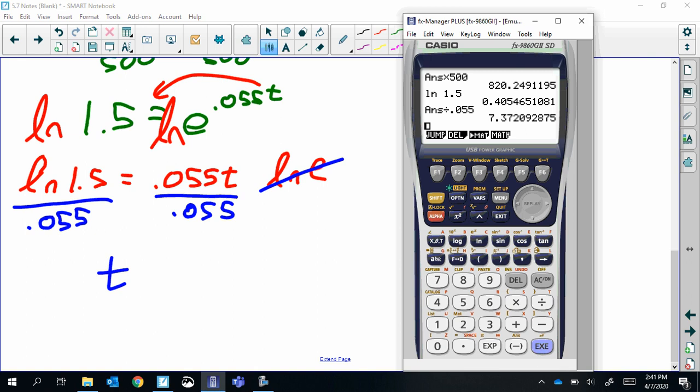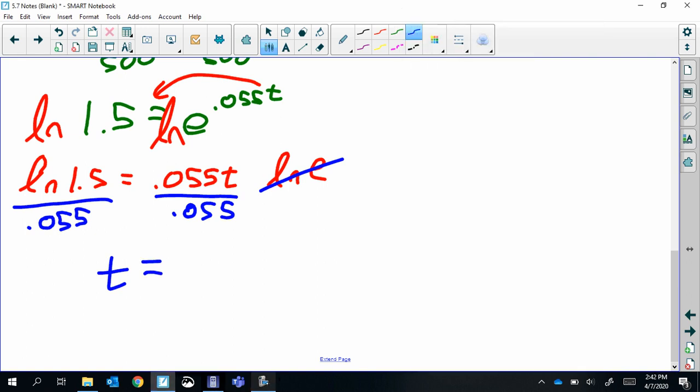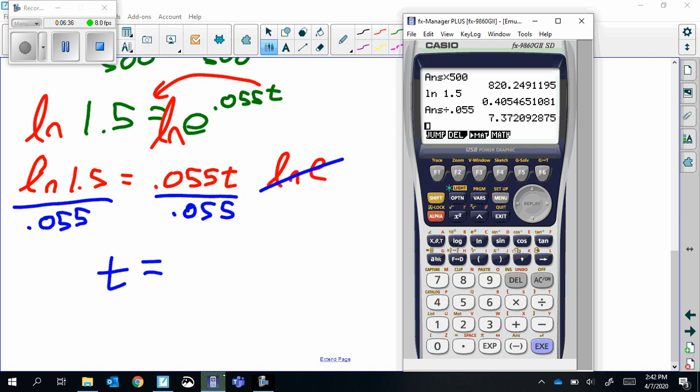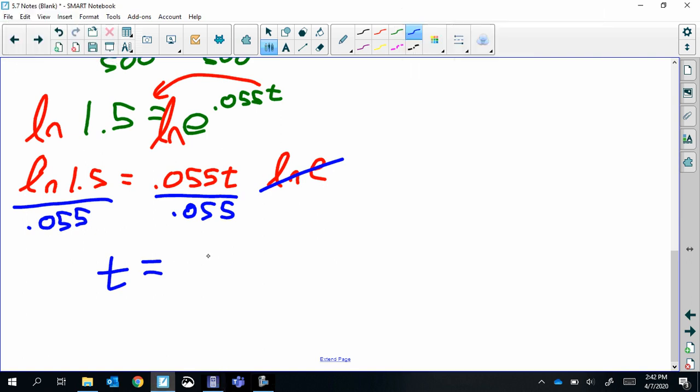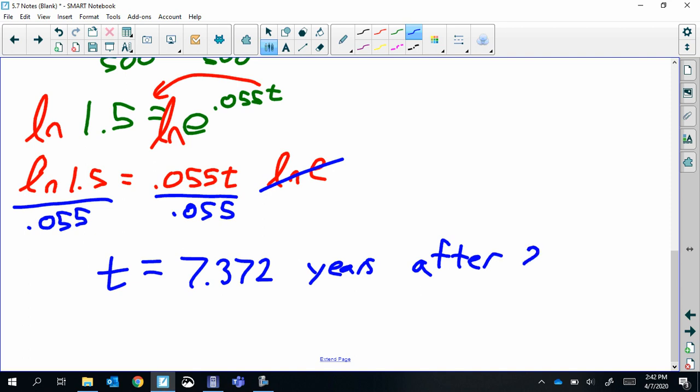Yep, so it should be 7.372. So that would be years. Those were years after 2001. So add 7.3 years onto there. That would be sometime in 2008.